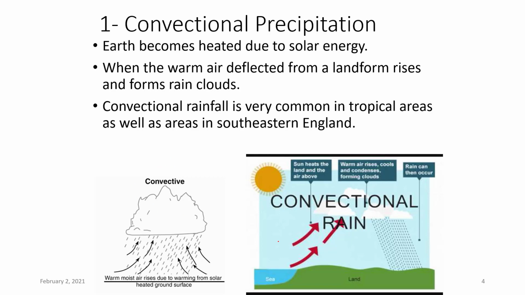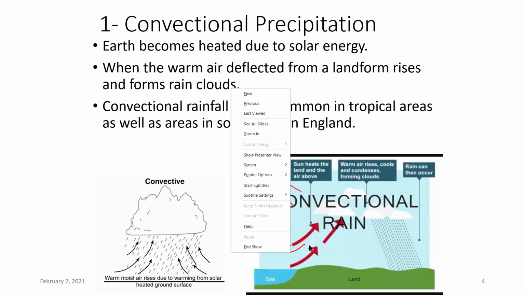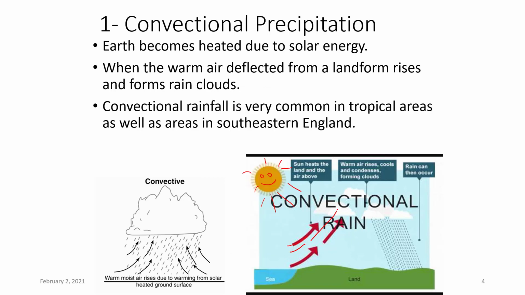From the figures we can understand that when the earth becomes heated because of the solar energy, the air is increased because of the solar energy, and when the warm air deflected from a landform rises, it forms rain clouds.